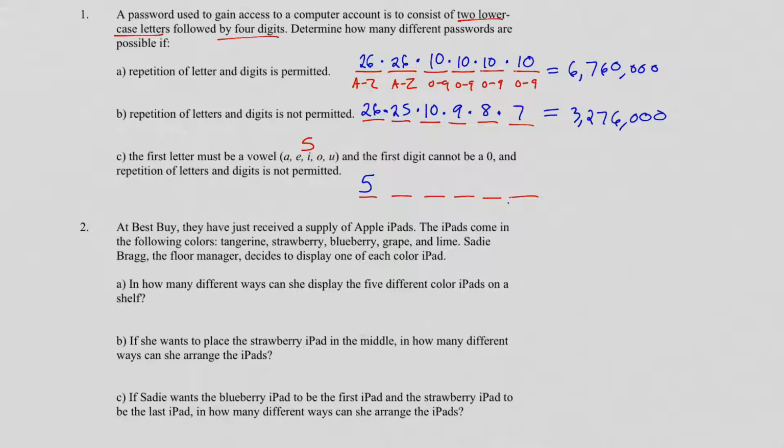So I can't repeat that vowel in my next spot. So out of 26 letters, I have one less. 25. Next, we can't choose all 10 digits because there's a restriction. The first digit cannot be a 0. So how many options do we have? 9. Can't choose 0.